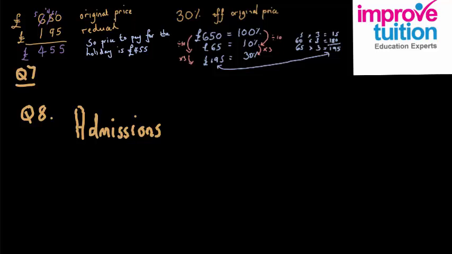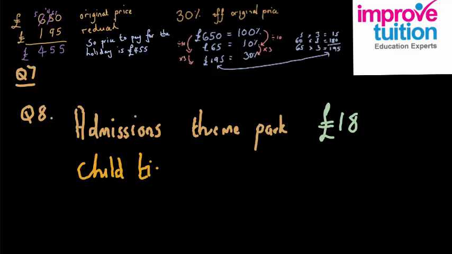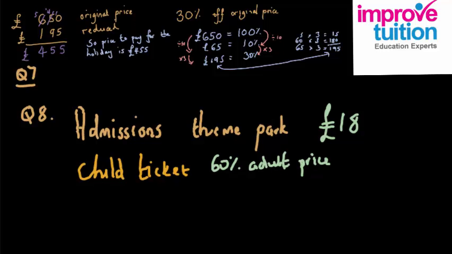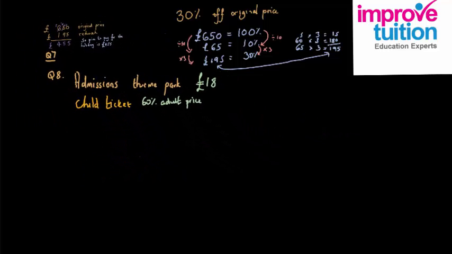And we have admissions at a theme park, and that costs £18. Now, if a child ticket is 60% of the adult price, what do you do? What do you do to work out the price of a child ticket?